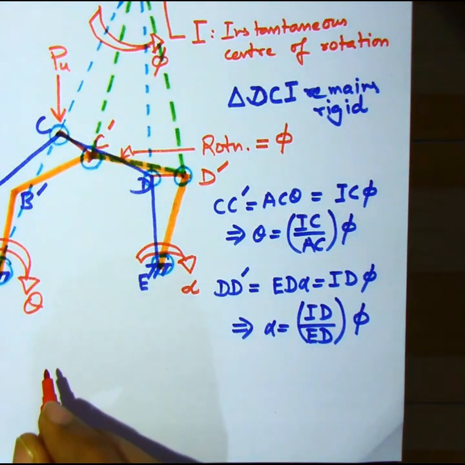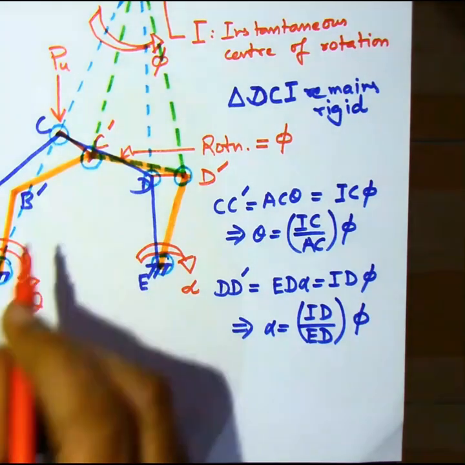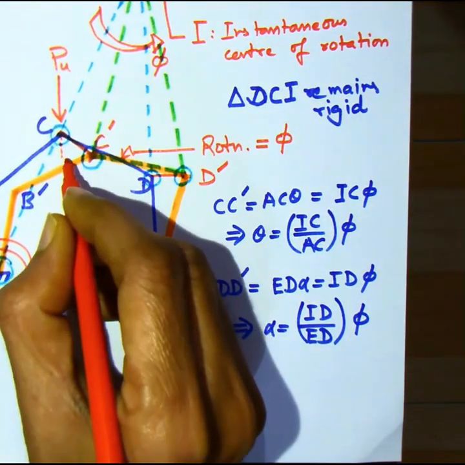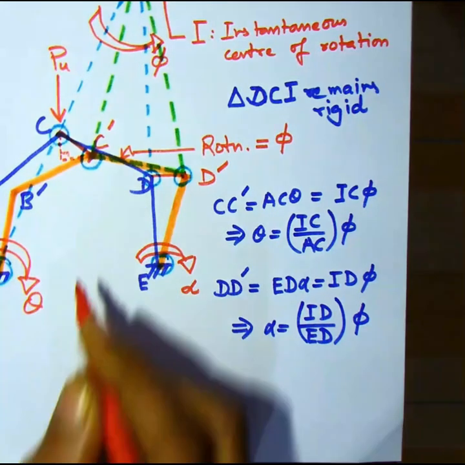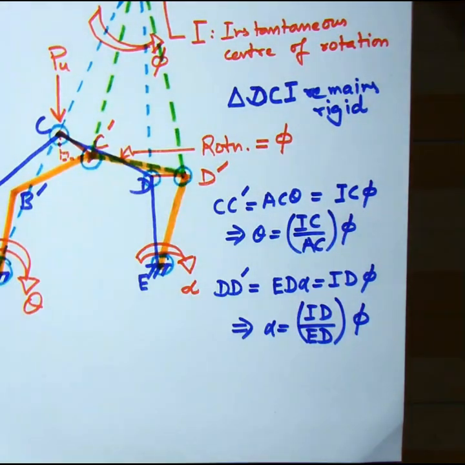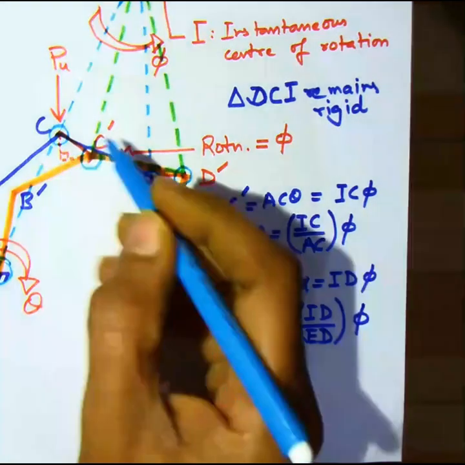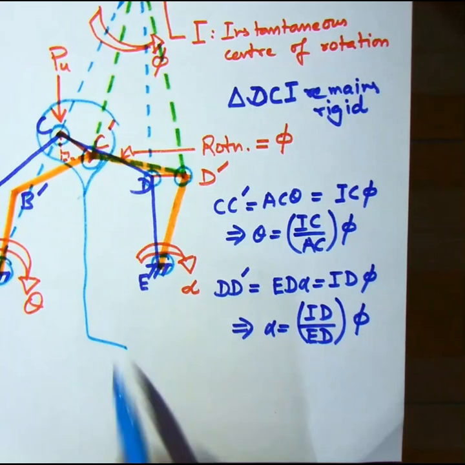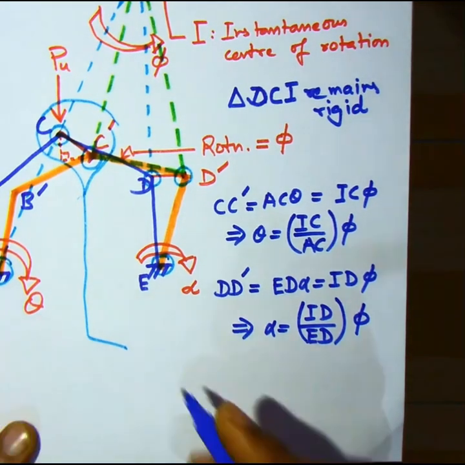So here PU is the load acting at C. So basically PU moves down vertically from C to C double dash, and we have to find out how much is the vertical displacement. So we are zooming into this region and drawing the triangle separately here.